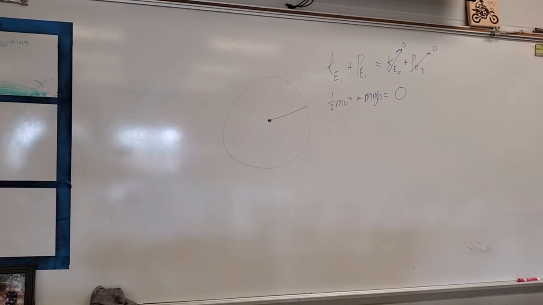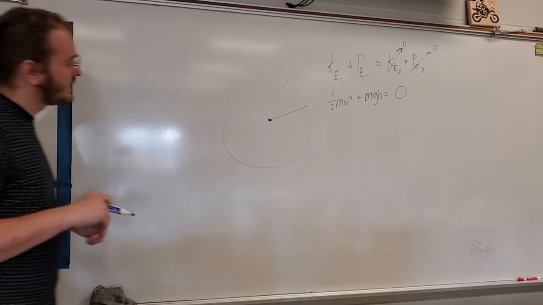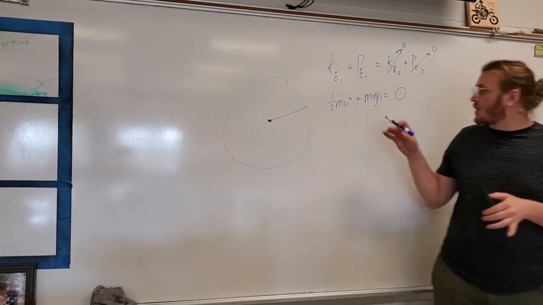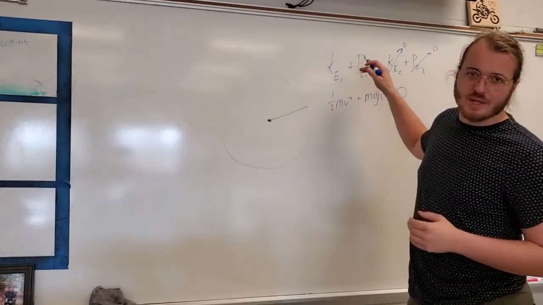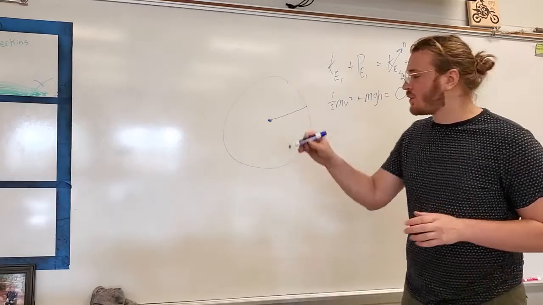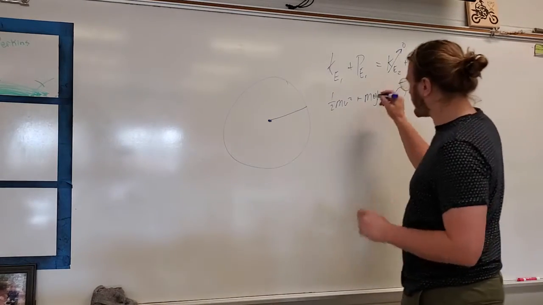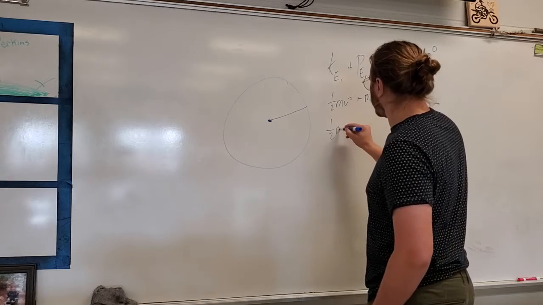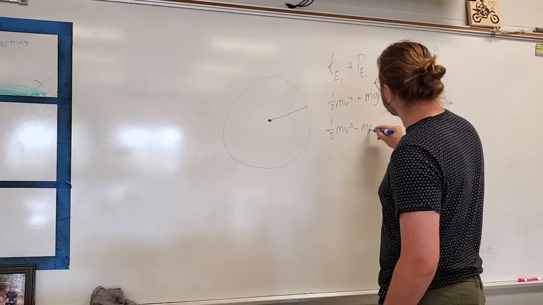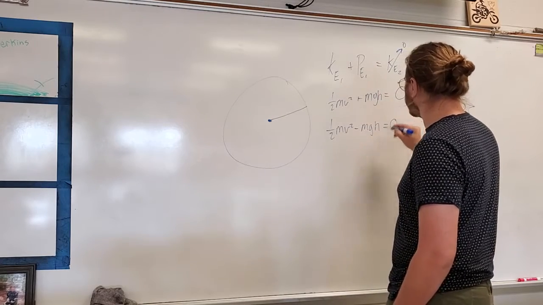So now here's what we need to realize. We need to realize that we have two different directions, all right? Our kinetic energy is going away from the planet, but our potential energy is pointing towards the planet. So our potential energy, if we really want to make this right, is 1/2 mv squared minus mgh equals 0.